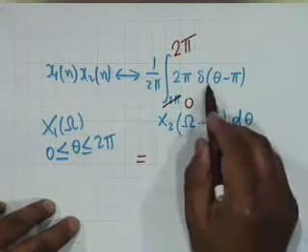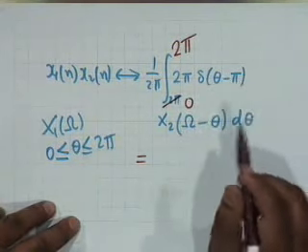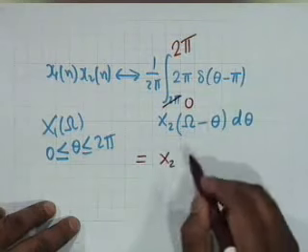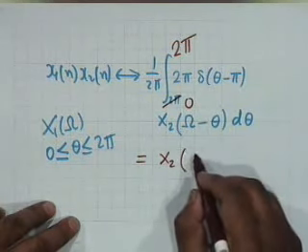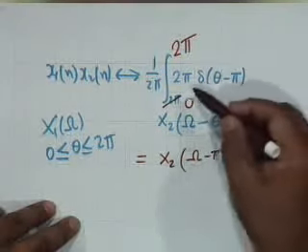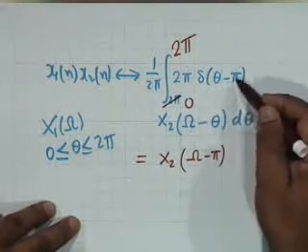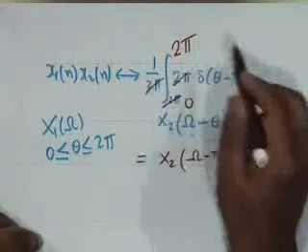And you see the result. The delta function exists only at theta equal to pi, and therefore capital X2 becomes what? Omega minus pi, and then under the integral you have delta theta minus pi d theta, which is unity. 2 pi and 2 pi cancel.